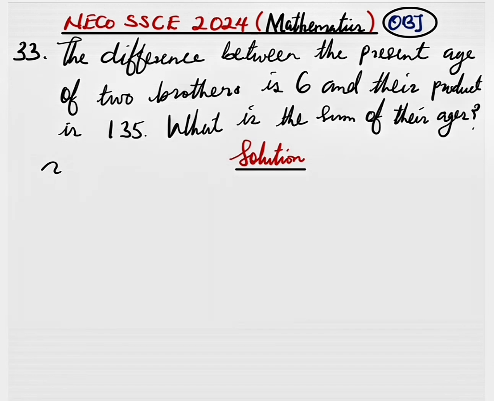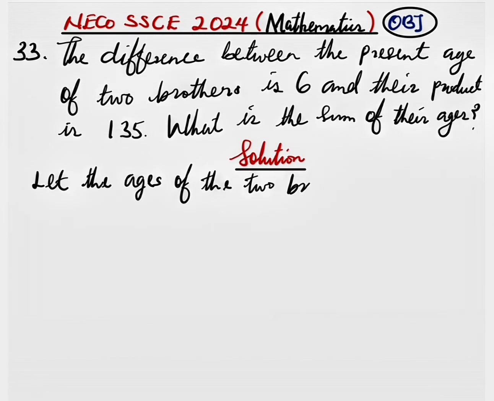So we say, let the ages of the two brothers be X and X plus 6 respectively.